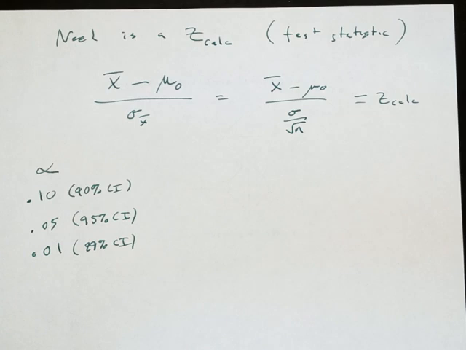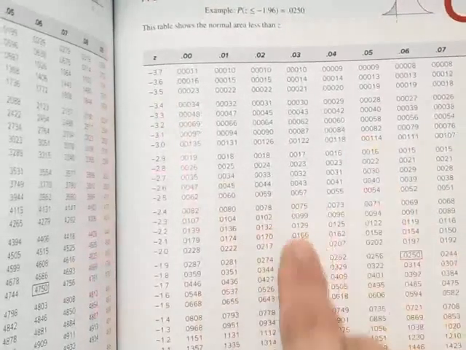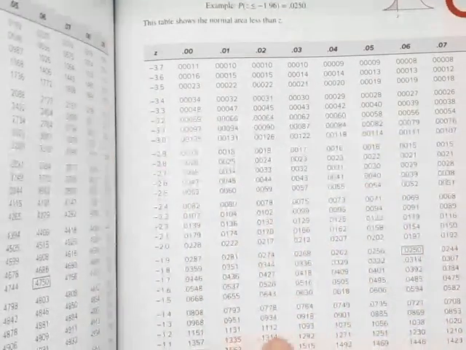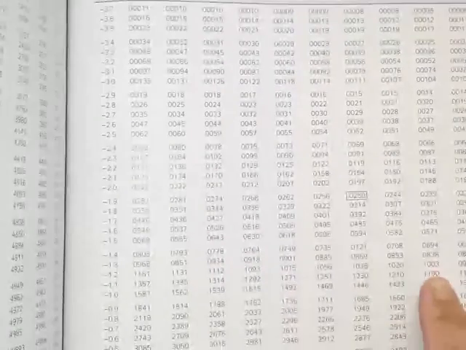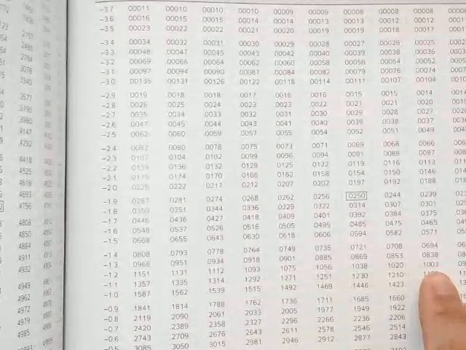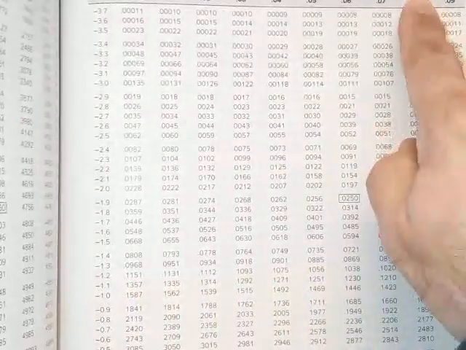Aha. 0.10. 0.01, 0.02. Here we are. 0.1003, way down here, goes with negative 1.28.